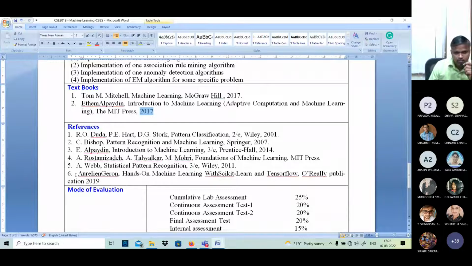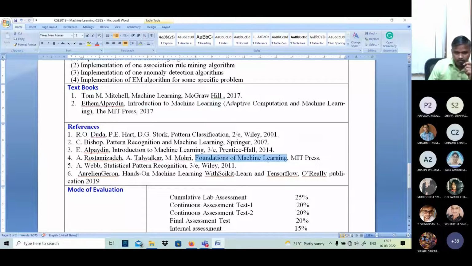And 6 reference books are given here. One is Pattern Classification, second edition, and Pattern Recognition and Machine Learning. This is already given, but the edition is different. You can look at it here.